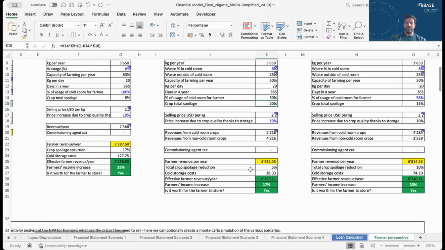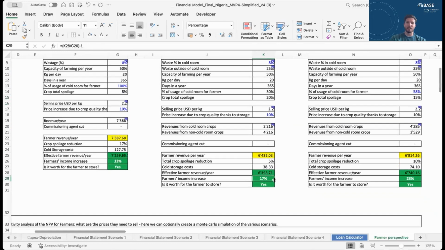And what we end up having here is the impact on the total revenue of the farmer. And you can see that if the farmer stores 30% of the crops, they still have about a 17% increase in income estimated, given that the price increase also increases slightly. You can see if you bring it down to zero, it's a 6% increase.